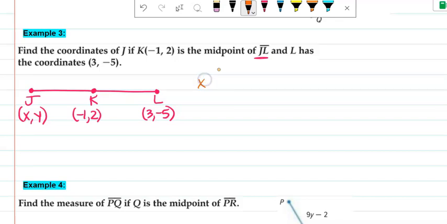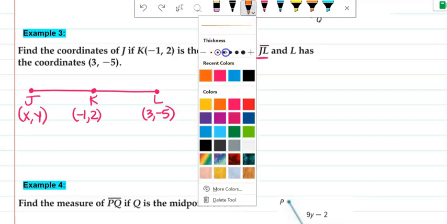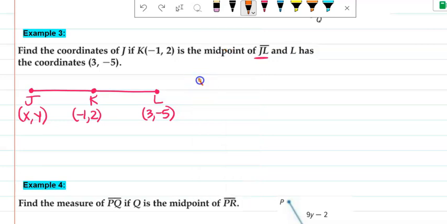So let's start with our x's. Our two x's are x and 3. So let's add those together and divide by 2. Usually we would have values that we could add and divide and we'd get a number. Obviously we don't have that, but we know what the x coordinate of the midpoint is.